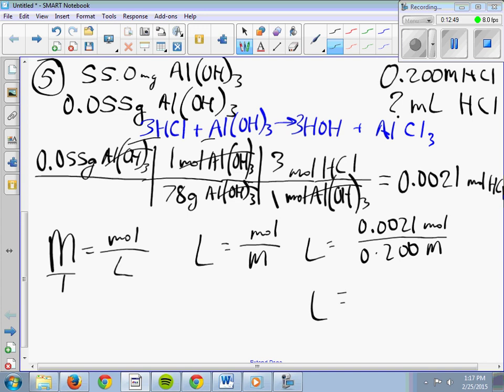That's 10.6 milliliters or 7.6 milliliters. I'm thinking sig figs we should have that as 11.